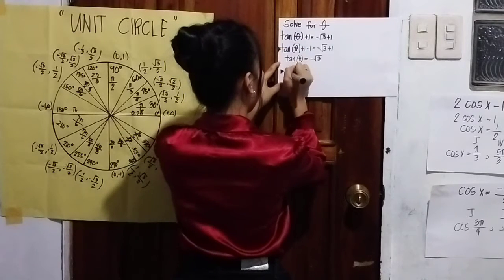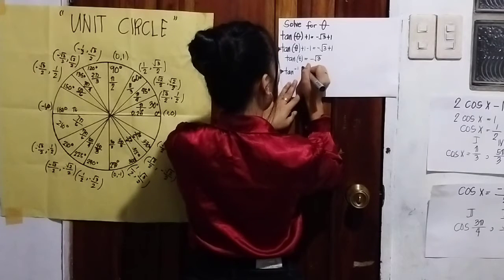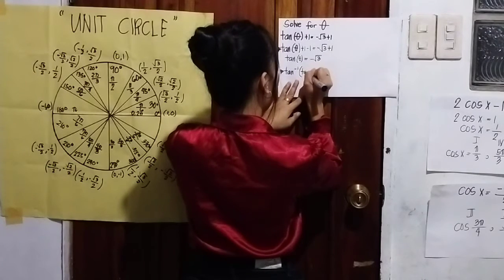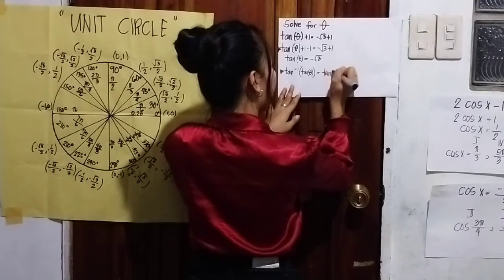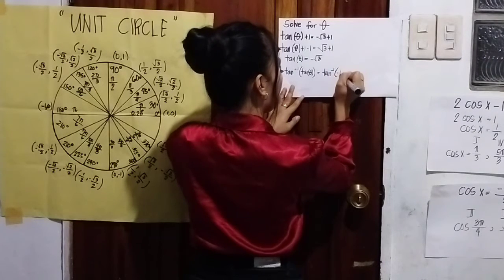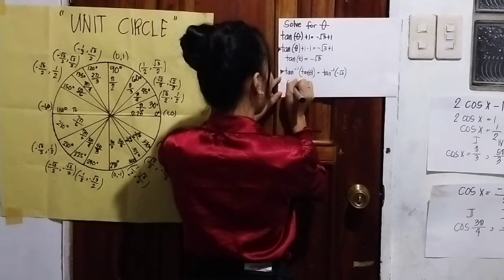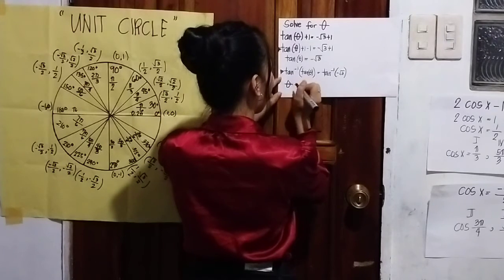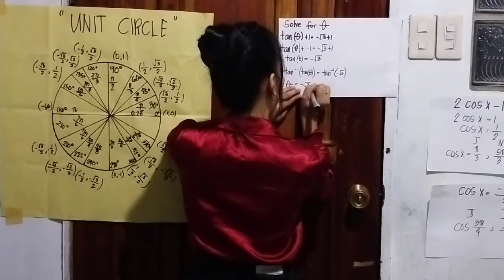Step 2 is tan raised to the power of negative 1 of the quantity tan theta is equal to tan raised to the power of negative 1 of the quantity negative square root of 3. So we came up with theta is equal to negative square root of 3.